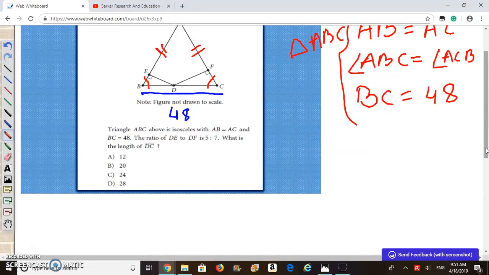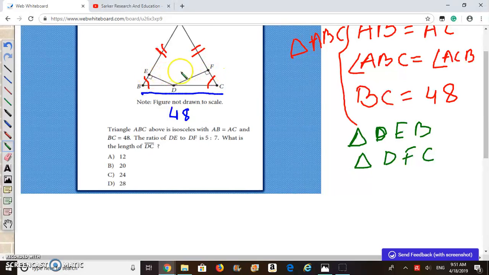So if we consider now these two triangles, triangle DEB and triangle DFC, you see this angle, the angle DEB is 90 degrees here, and the angle DFC is 90 degrees here.